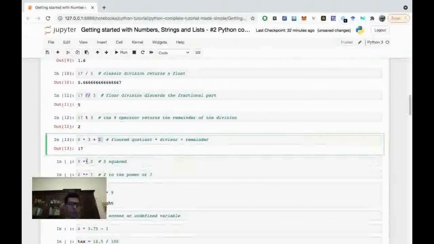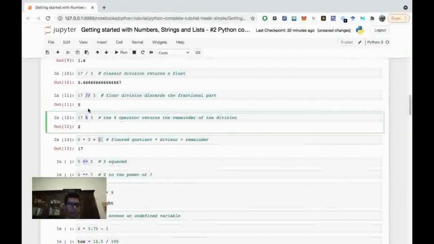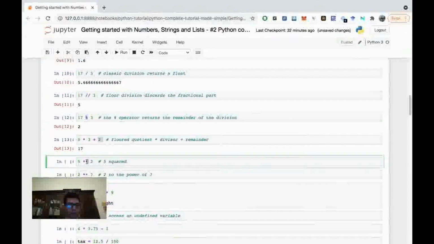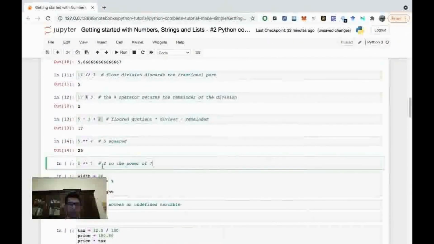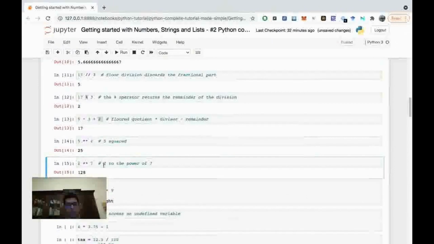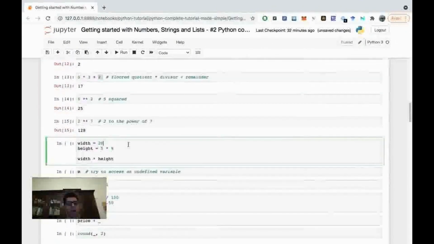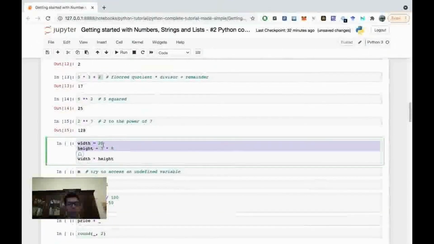Here we have another operator, so all of those are Python operators. This is another operator, which is the power. So 5 power 2 equals 25, and 2 power 7 is 128. Now we can go forward, as we have seen before, with those variables.